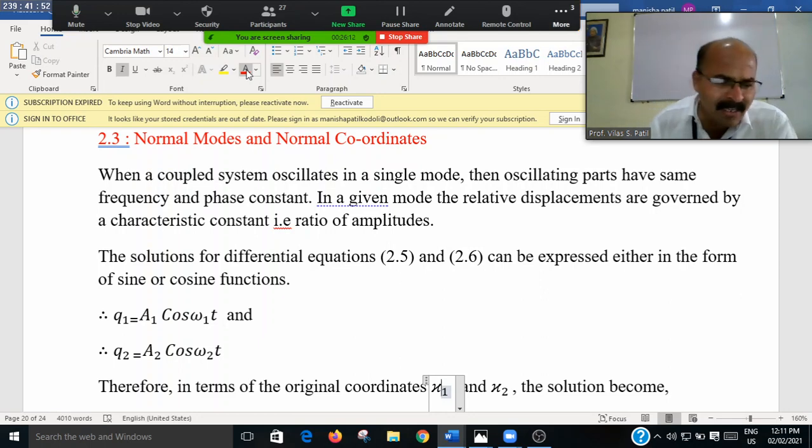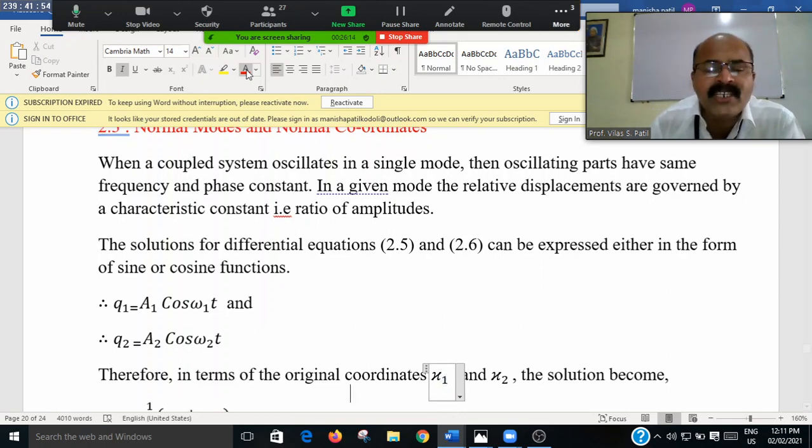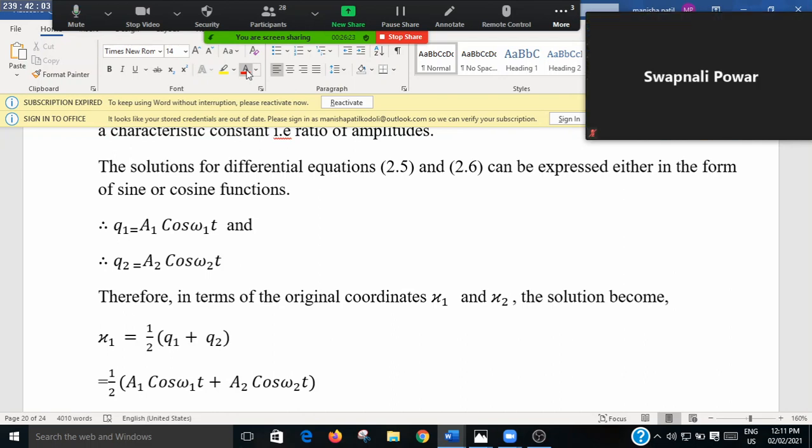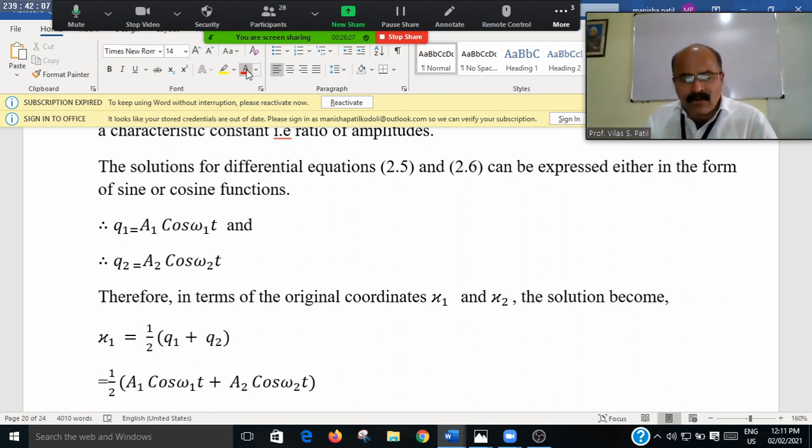The solutions of the differential equations 2.5 and 2.6 are expressed in the form of sine and cosine trigonometric functions.